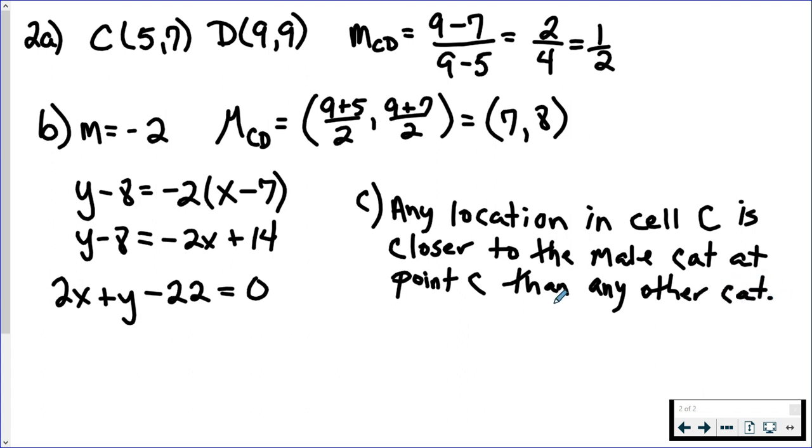Pretty straightforward Voronoi diagram information there, right? Anytime you're in a cell, you are closest to the site that that cell is named after.